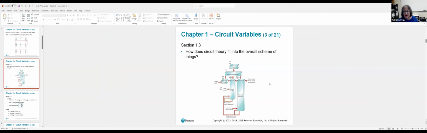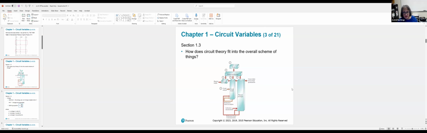Having said all of that, how does circuit theory fit into the overall scheme of things? This slide shows you a little bit about how engineering design in general works. You'll notice that the first step is a need, and then second is a design specification. The difference between an applied science like engineering and a pure science like physics is that engineers are always building to some sort of an outcome.